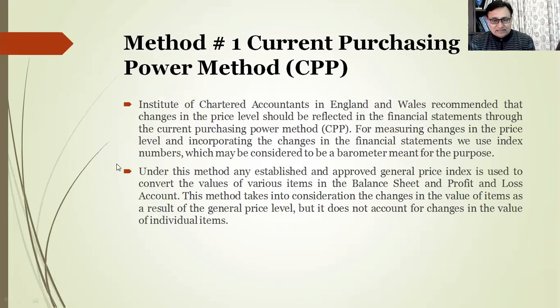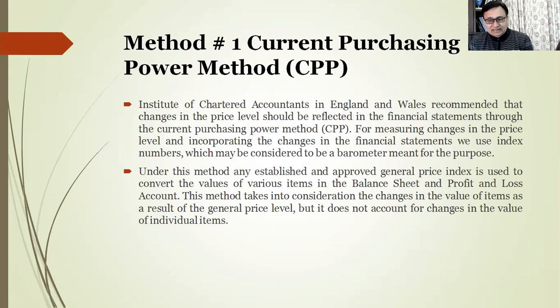So first, we will be discussing the method that is called the current purchasing power method, and this method has been developed by the Institute of Chartered Accountants in England and Wales, and recommended that the changes in the price level should be reflected in the financial statements through the current purchasing power of the various organizations.